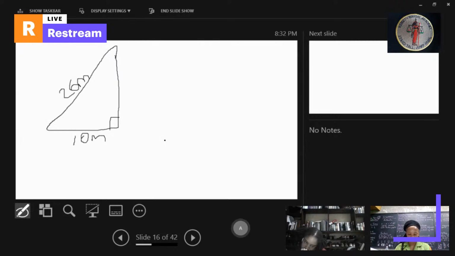So to find the missing side, we have to say 26 squared minus 10 squared is equal to b squared. Okay, so we're calling this B. Yeah. So 26 squared minus 10 squared is equal to B squared.